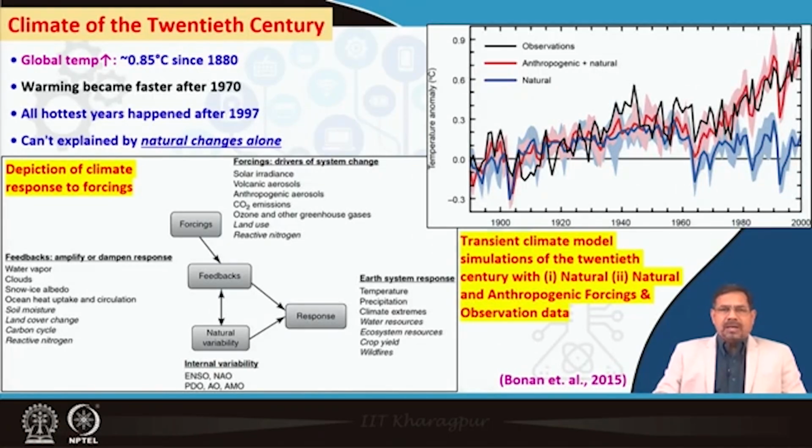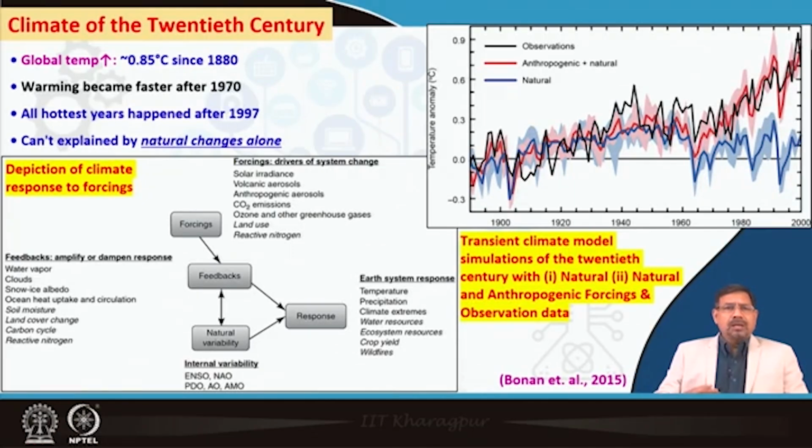Coming to the feedbacks: alteration in terms of water vapor, cloud, snow ice albedo, ocean heat uptake and circulations. The soil moisture is impacted, the land cover change, and the carbon cycle and the reactive carbon. These are the different feedbacks we are receiving, and the responses.